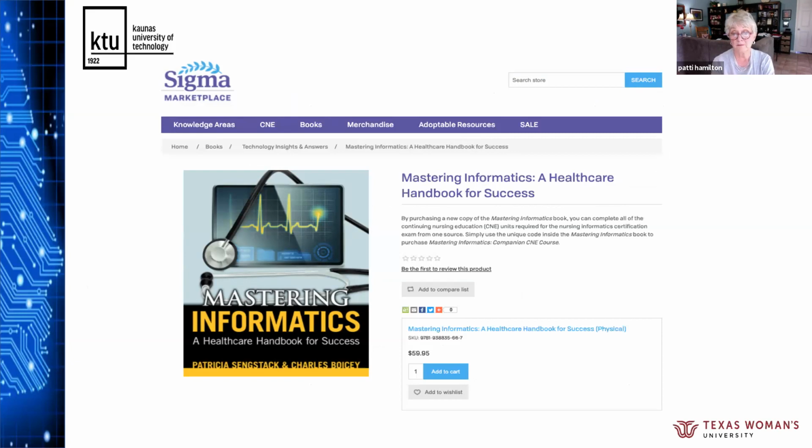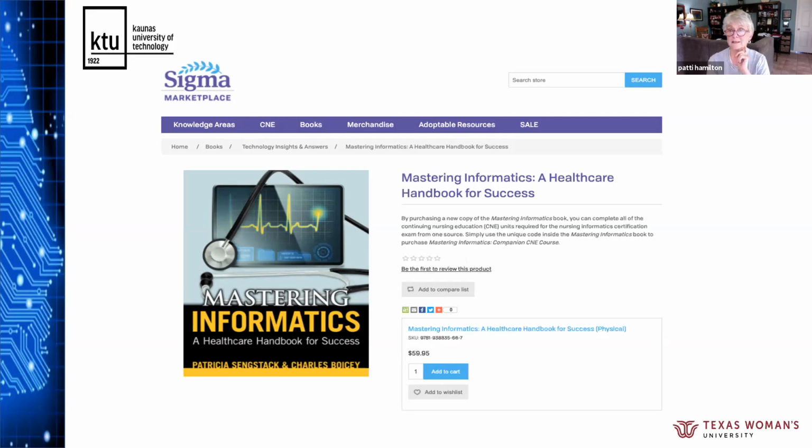But a real benefit to it is that it's US dollars, $59.95, but purchasing this textbook will allow you also to get a significant reduction in the price of getting continuing nursing education. And that's important because that CNE, that nursing education, can be required for the nursing informatics certification exam.